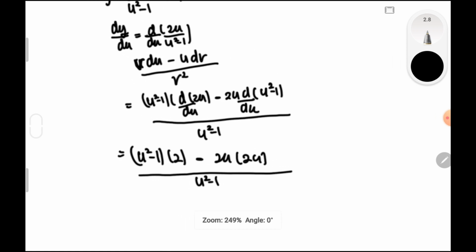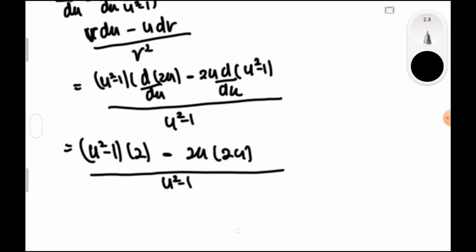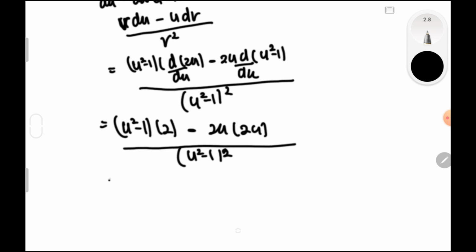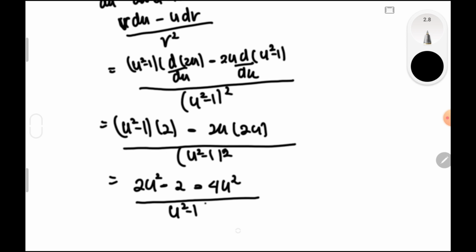Okay, so here, just take note that this is squared, so the denominator should be squared. From this we'll have 2u squared minus 2 minus 4u squared divided by u squared minus 1 squared.